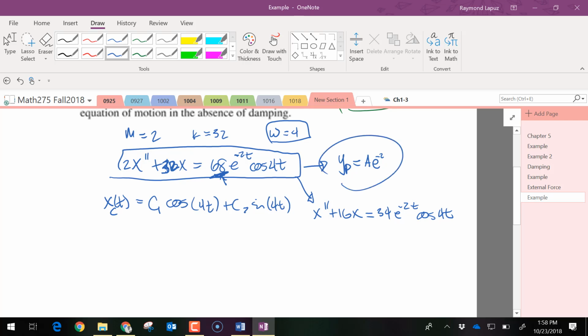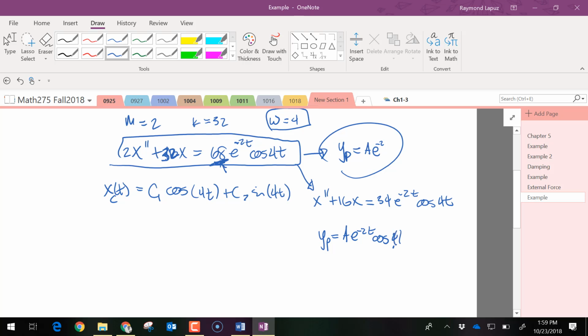Anyways, to find your y sub p, it should be x sub p, doesn't matter, a e to the negative 2t times cosine of 4t plus b e to the minus 2t sine 4t.